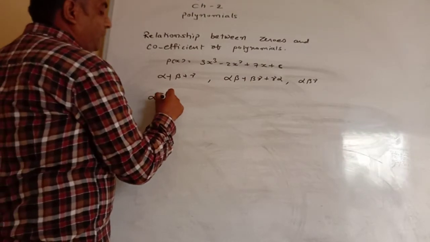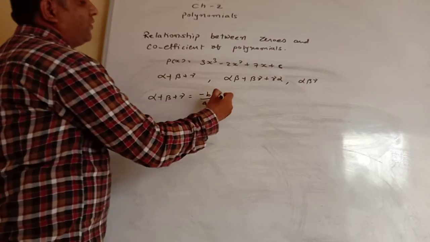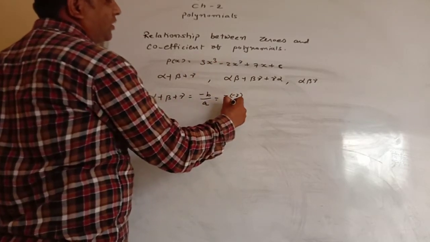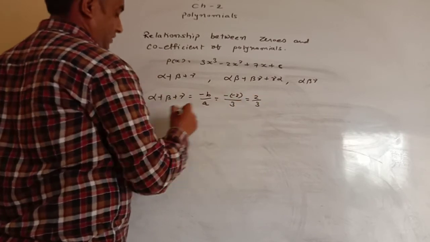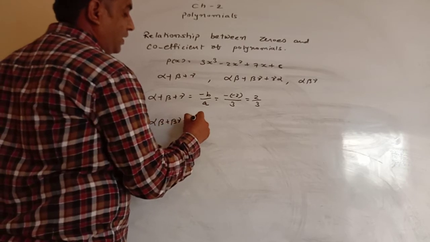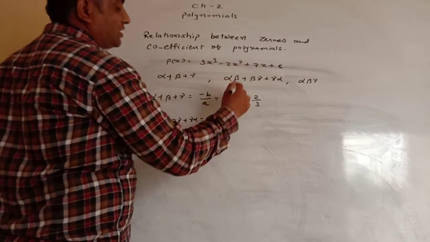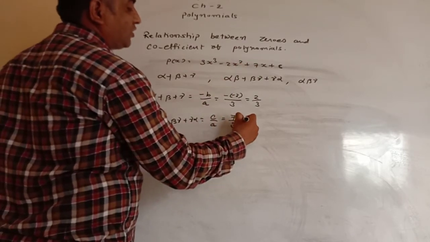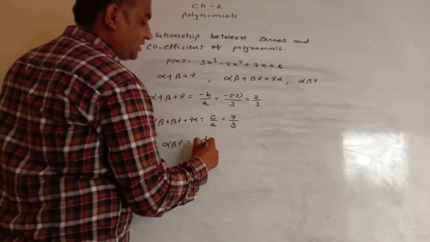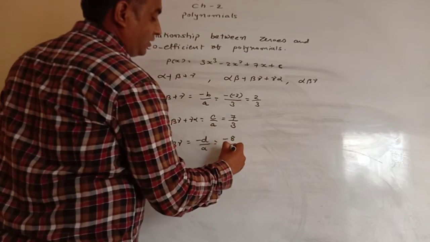So alpha plus beta plus gamma, which we already saw is minus b upon a, we compare with this, and it is minus of minus 2 upon 3, so it is 2 by 3. Alpha beta plus beta gamma plus gamma alpha is c upon a. So the c value is 7 and the a value is 3, so it is 7 by 3. And alpha beta gamma is equal to minus d upon a, so minus 8 upon 3.